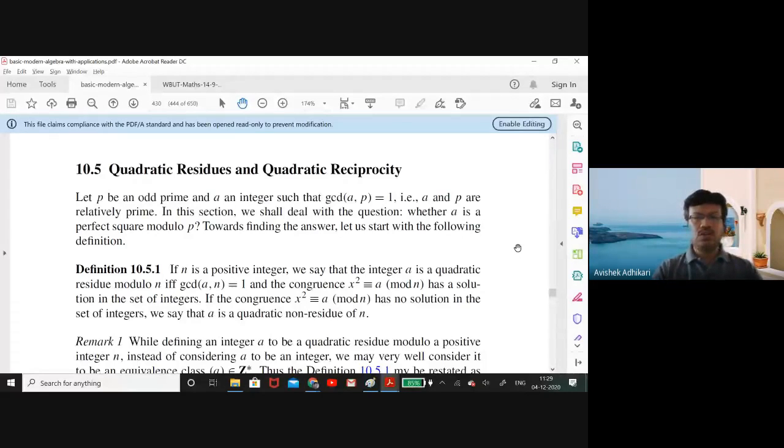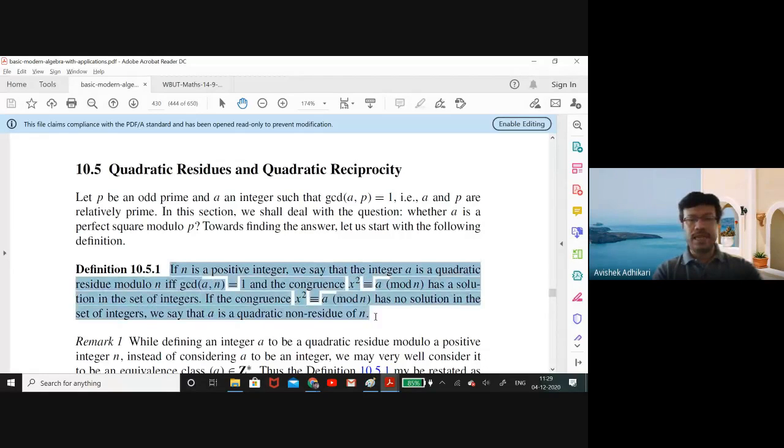This is the first definition, which is for modulo n, and it says that if n is a positive integer, we say that the integer a is a quadratic residue modulo n if and only if GCD of a and n is 1, and the congruence x squared congruent to a mod n has a solution in the set of integers. Just now I have mentioned it's a definition for modulo n, or you can extend it in terms of Zn.